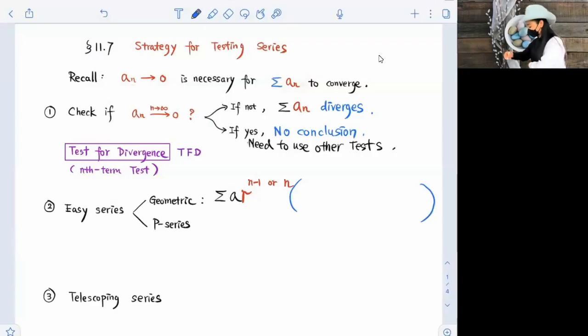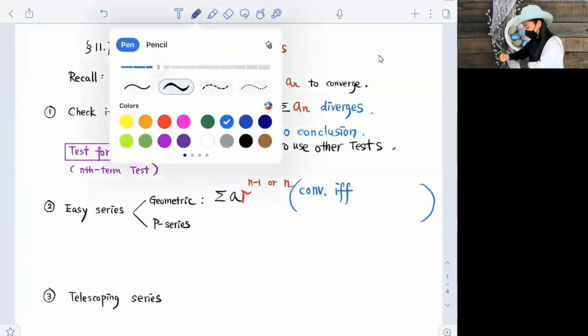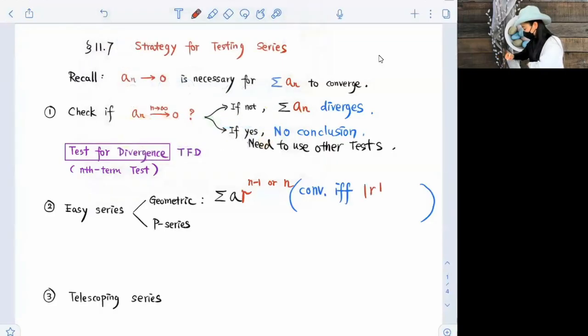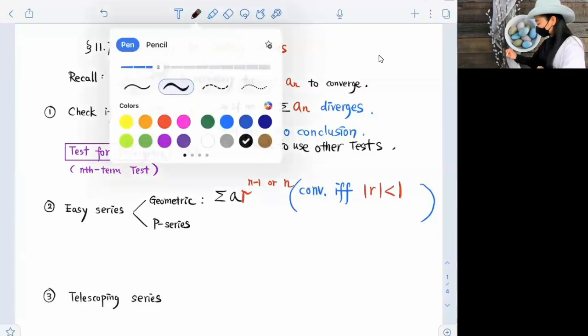Yes, you got it. It converges if and only if the absolute value of r is less than 1.